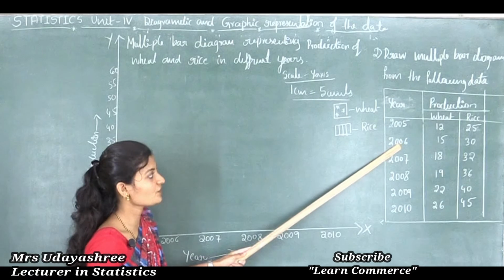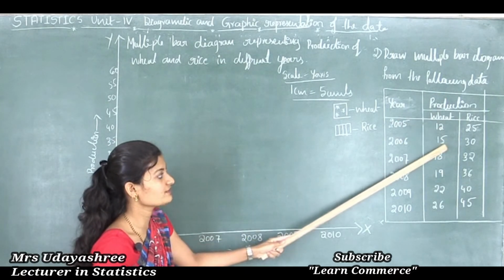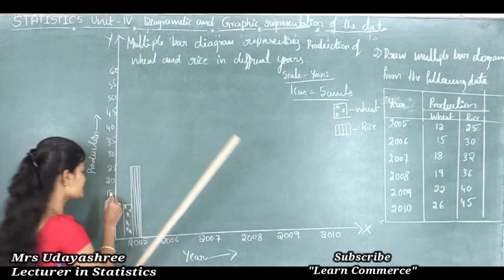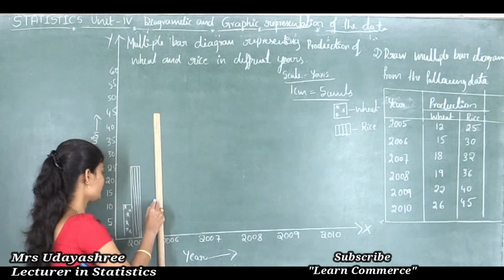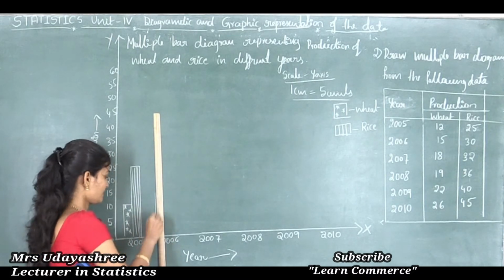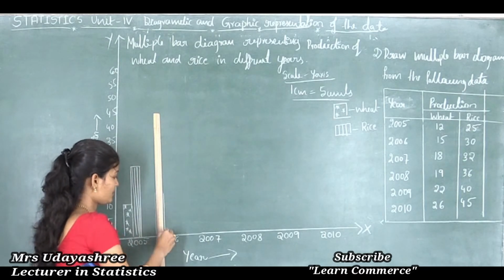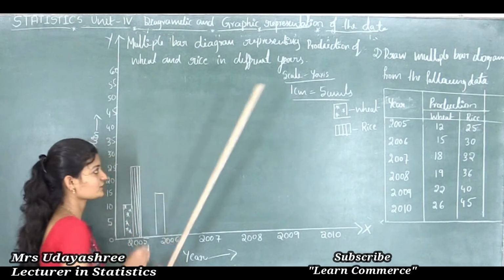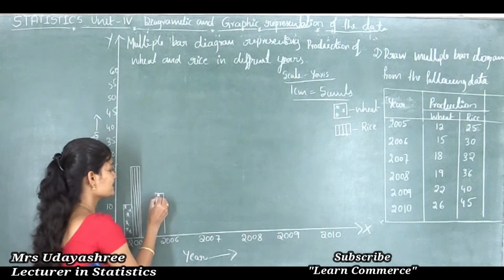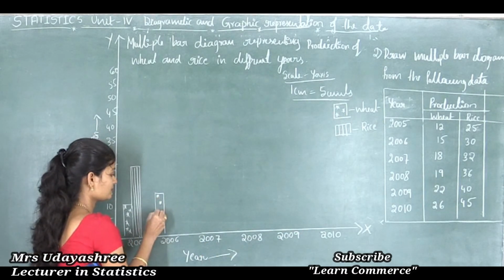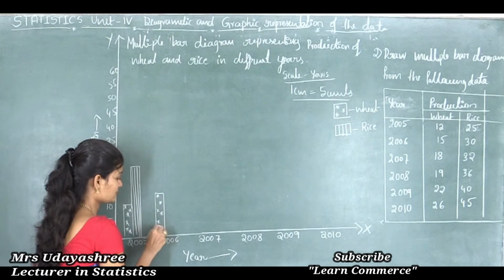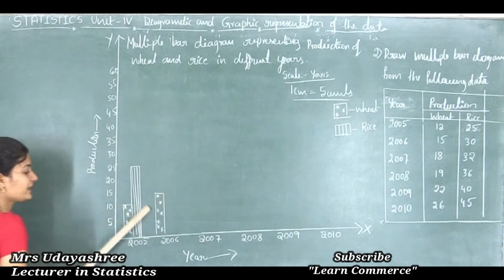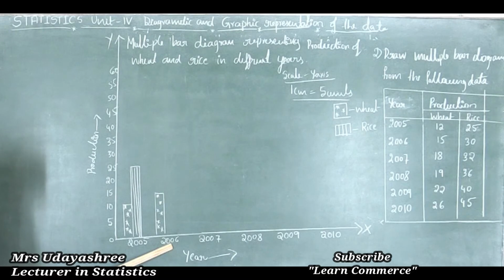In the year 2006, the production of wheat was 15 ton. So 15 is here, and we need to draw one bar like this. Wheat shading is like this, and this bar indicates production of wheat in the year 2006.